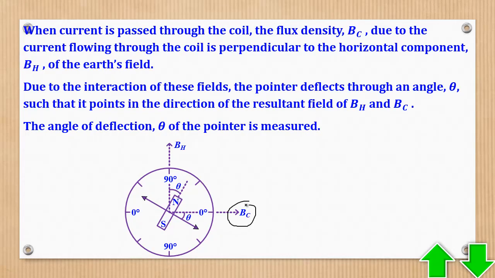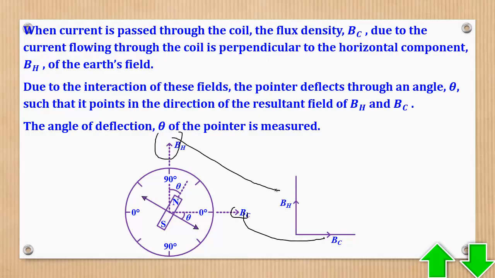So this is now the field due to the coil, and it is perpendicular to that of the horizontal component. You can extract this direction and this one, and use them to get the resultant flux density, BR.